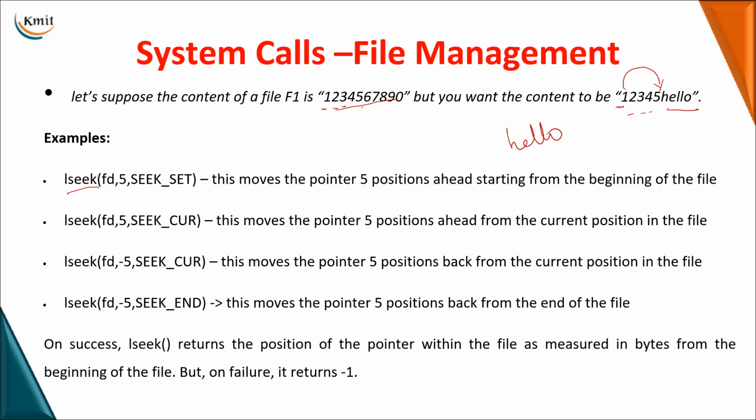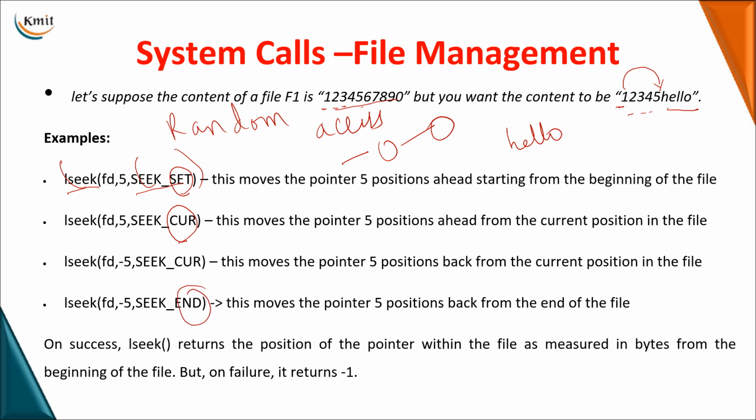For that, we go for using lseek. These are normally called random access file functions, which make your file pointer move from one position to the specified position. Here we use three constants: SEEK_SET is from the beginning, SEEK_CUR is from the current position wherever the file pointer may be, and SEEK_END is from the end of the file.